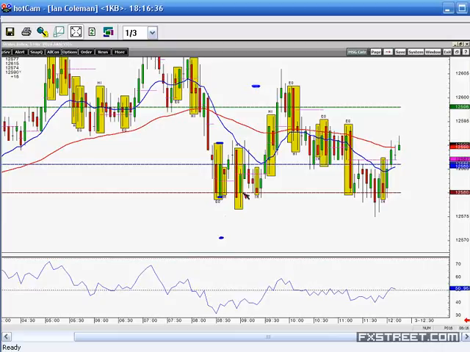Now if we break this down again, so remember this is our point of control, we can use this all the way down into a 1-minute time frame, okay, because remember we're looking for scalp trades.